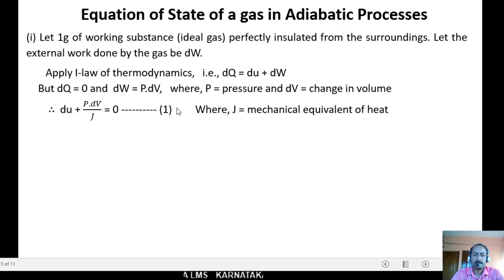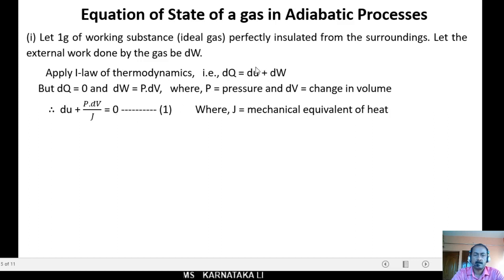Here in this case, dQ equals 0 and dW equals P into dV, where P is pressure and dV is change in volume. Therefore, dU plus P dV upon J equals 0.